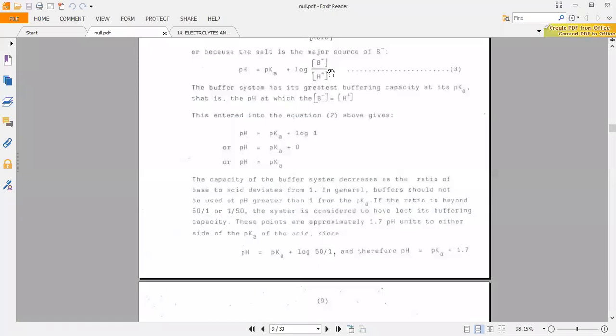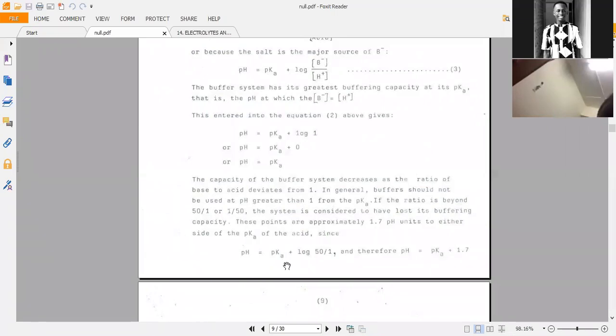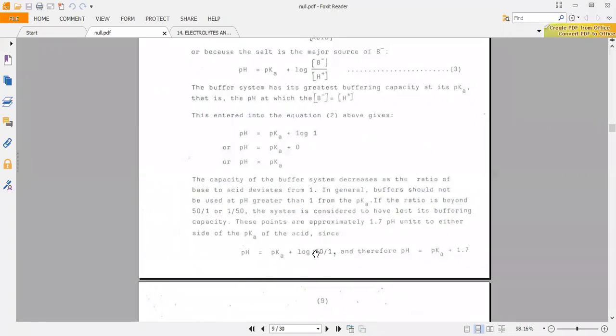At that pH, it can't work as a buffer. So the range for a buffer to work is between log of 50 over 1, or log of 1 over 50. That's the range at which the pH works. Now, when you find log of 50 over 1, you get 1.7.